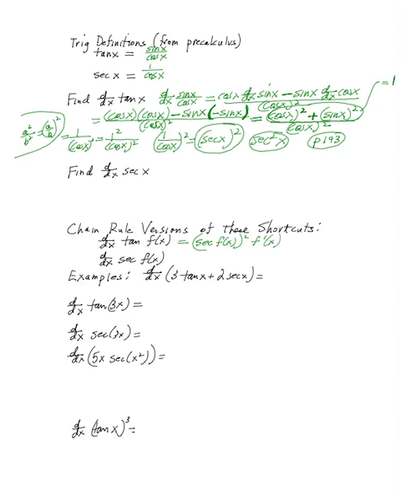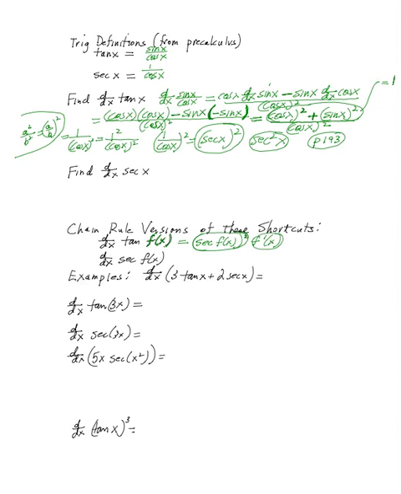Again, each shortcut has a chain rule version. We see f of x instead of x, so we know we have to use chain rule. So we multiply the derivative of the outside, which is secant f of x quantity squared, by the derivative of the inside.